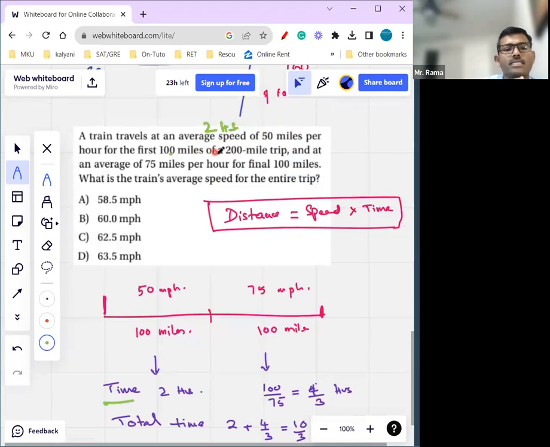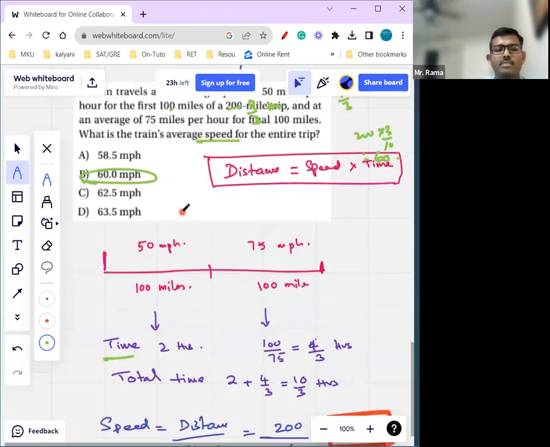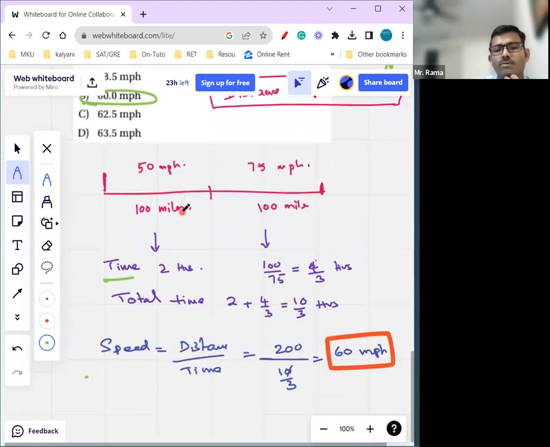The next 100 miles is at 75, so that's 4/3 hours. The total time is 10/3. The total average speed is 200 times 3/10, that's 60. That's how you're going to pick up the speed, but I wanted to explain it so we went over it slowly.